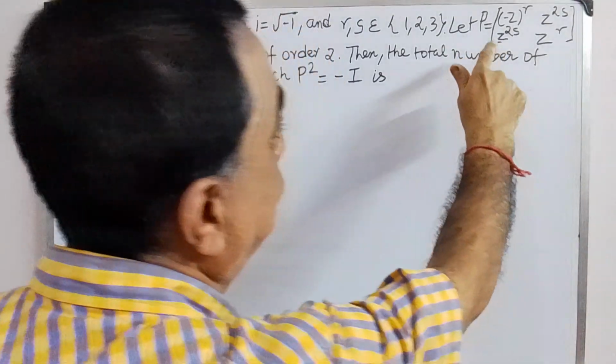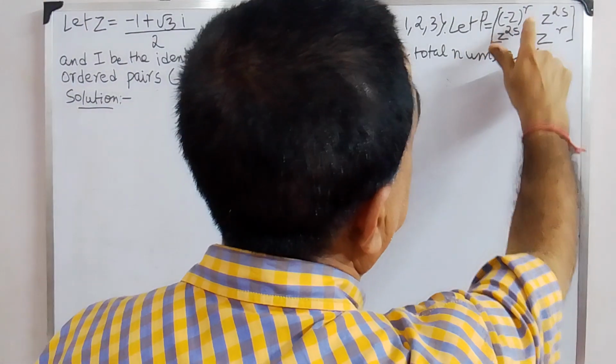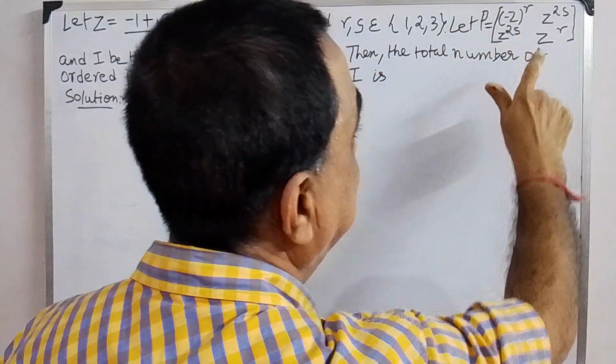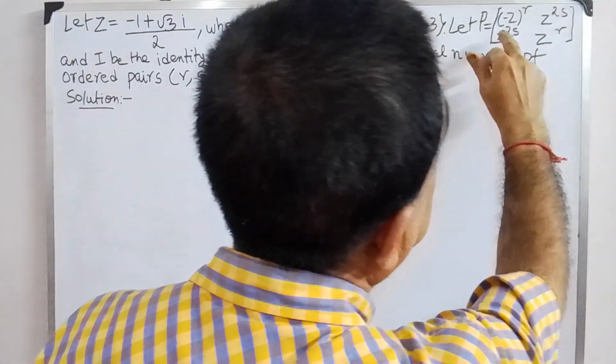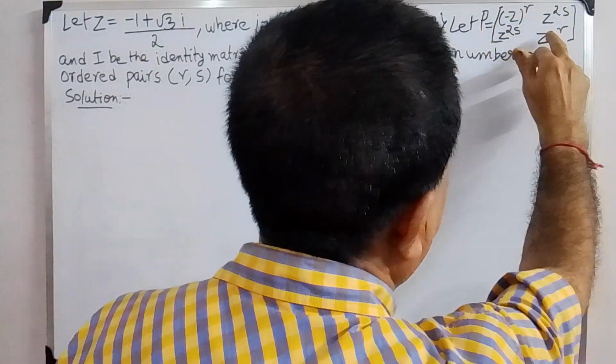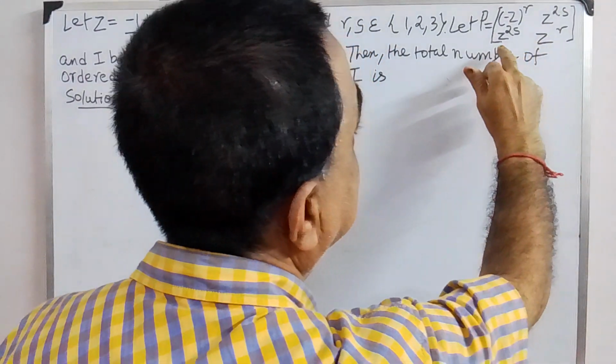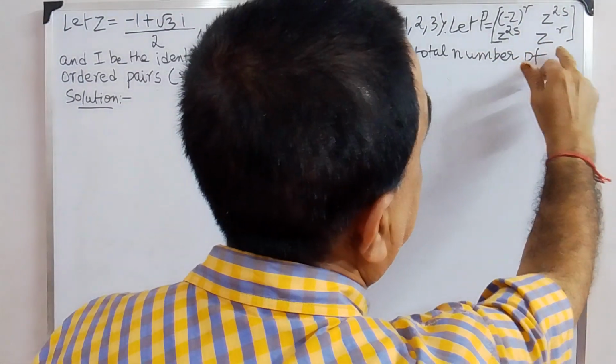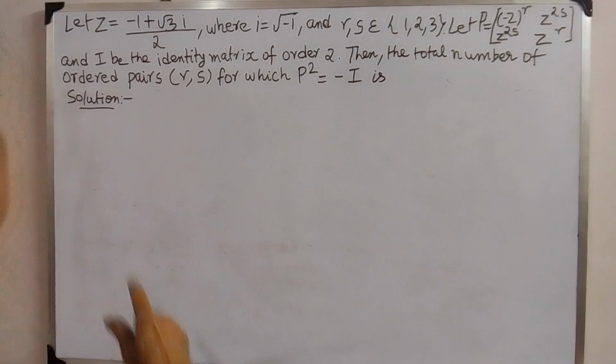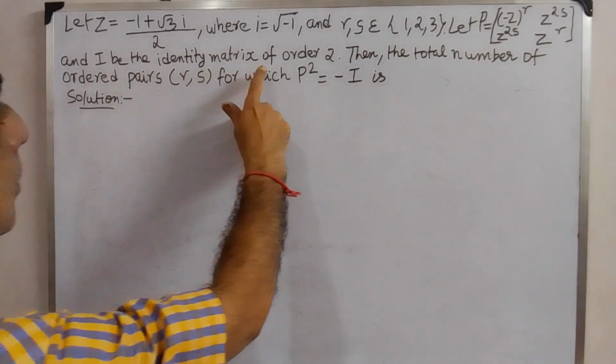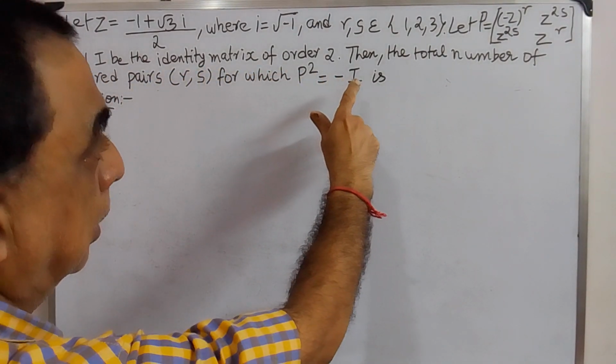Let P be a 2 by 2 matrix whose elements are minus z to the power r, z to the power 2s, z to the power 2s and z to the power r. And I be the identity matrix of order 2.